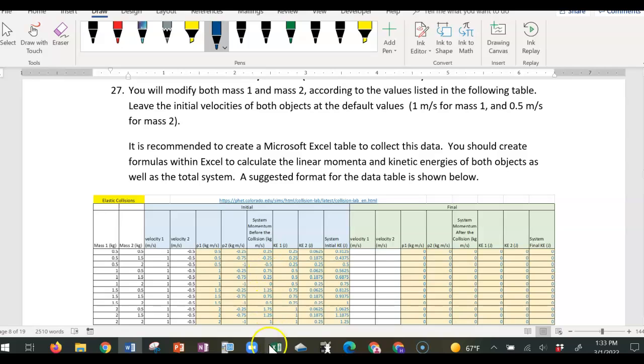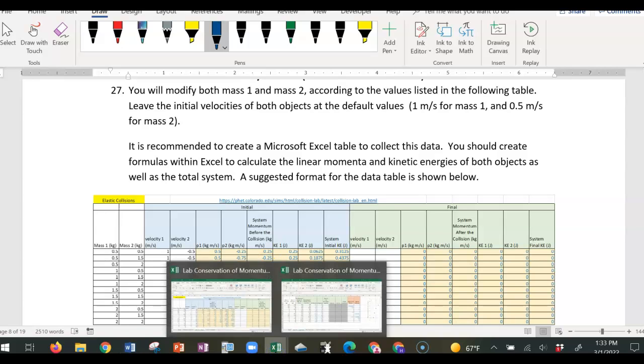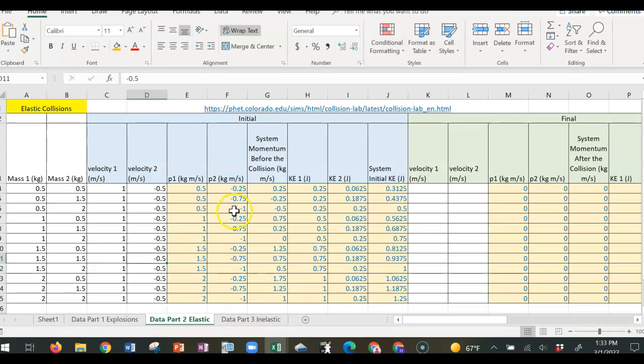If you open up the Excel table, which was given to you as a template, you want to go to the Data Part 2 Elastic tab. Here in the first two columns, columns A and B, it gives me the masses that I should set up. It has already put in the default pre-collision velocities, and we're not changing those.